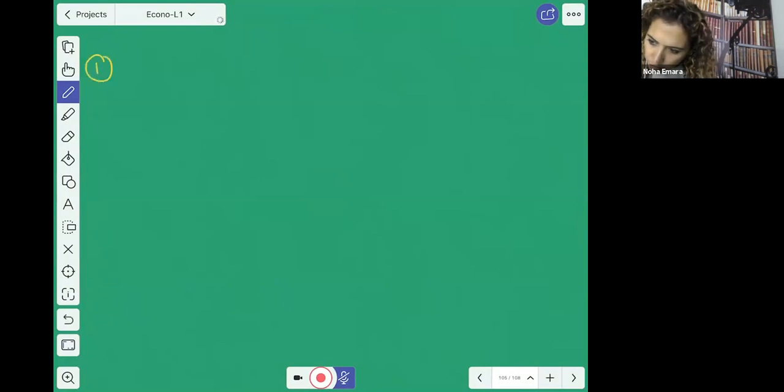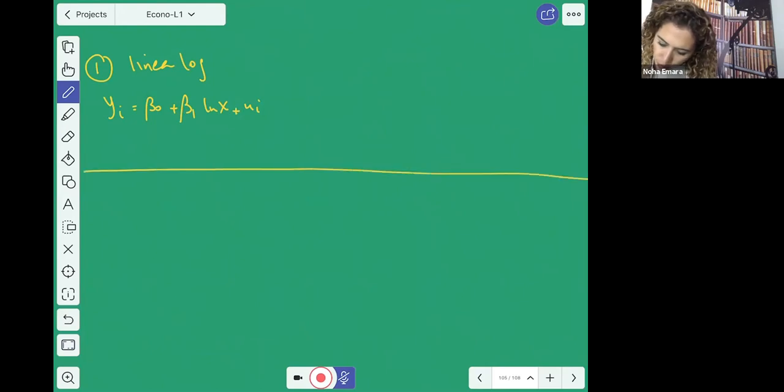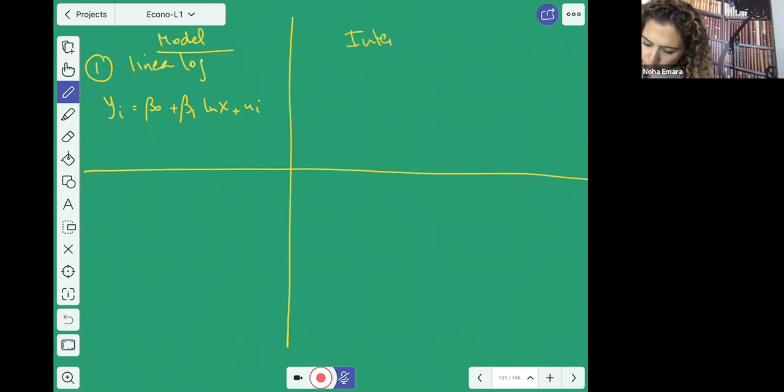The model is linear log: y_i equals beta naught plus beta 1 log x plus u_i. How can I interpret that? So this is the model, this is the interpretation.